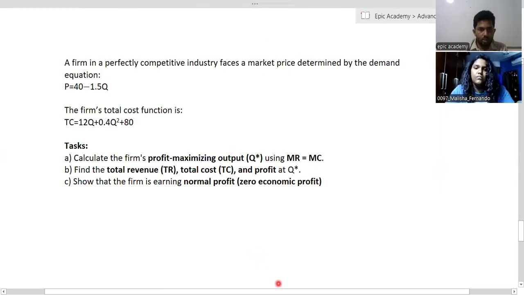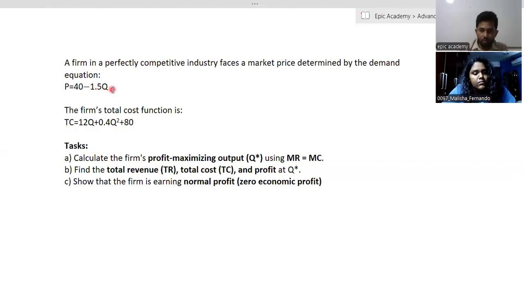No, it's okay. Right. P equal 40 minus 1.5Q. No power. Okay. The firm's total cost function is TC equal to 12Q plus 0.4Q power plus 80.